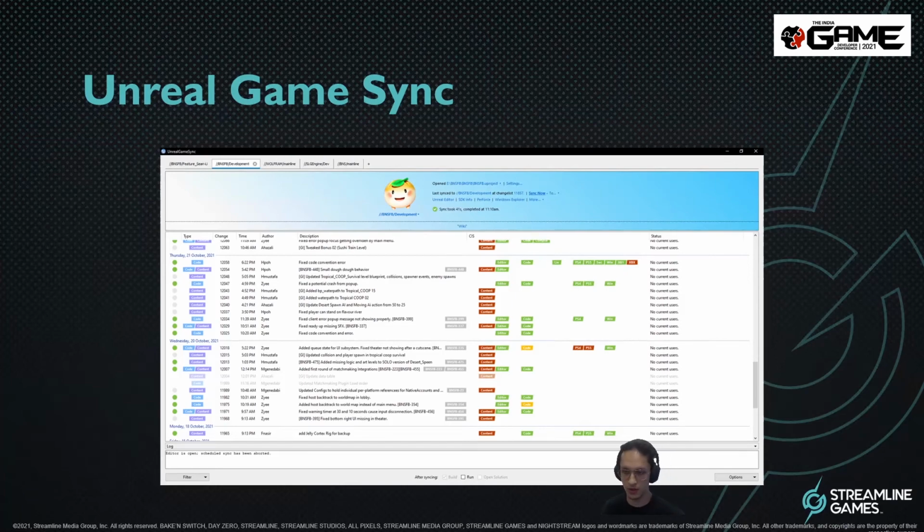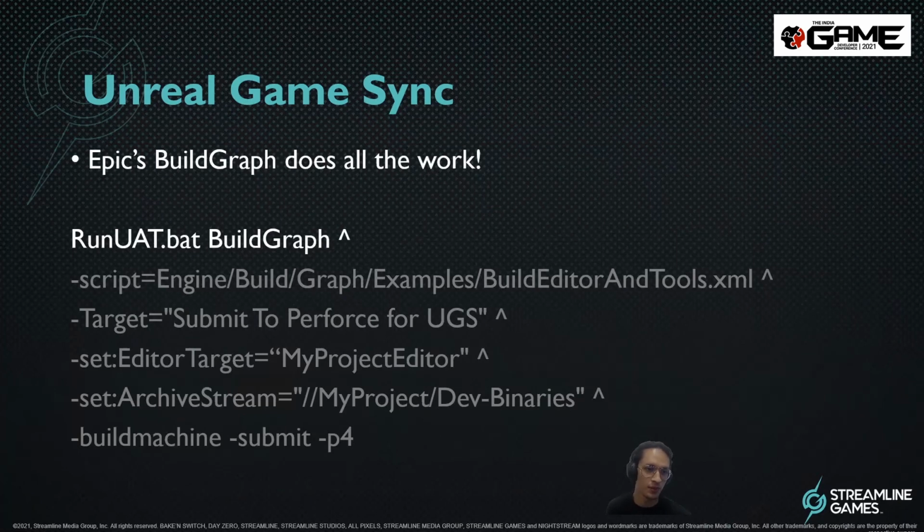All right. So for that aspect in TeamCity, what we do is we use, again, the Unreal Automation Tool alongside the build graph, and the build graph that comes with the engine does most of the work for us.